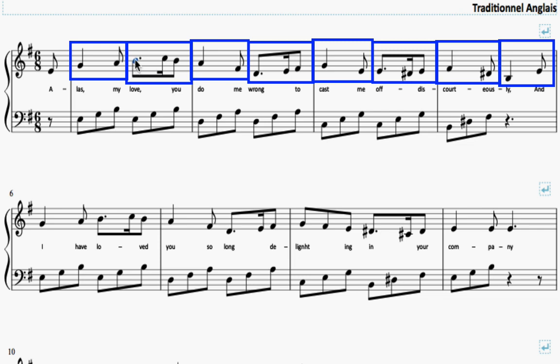So a dotted eighth note equals 3 16th notes, plus 1 16th note, and then plus 1 eighth note, because it's only got one stem coming off it. An eighth note is 2 16th notes. So this is 3, 1 equals 4, plus 2 equals 6. So this is 6 16th notes.